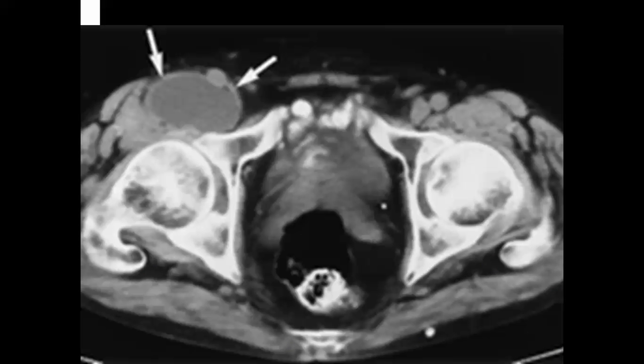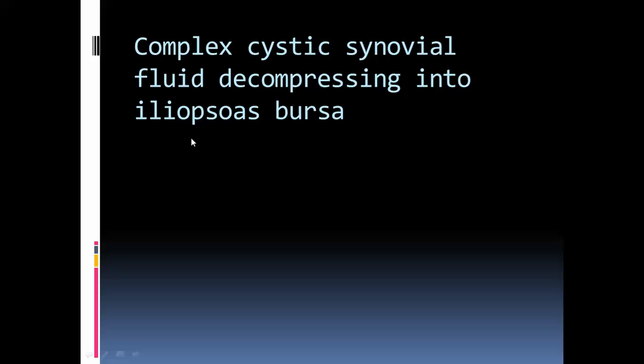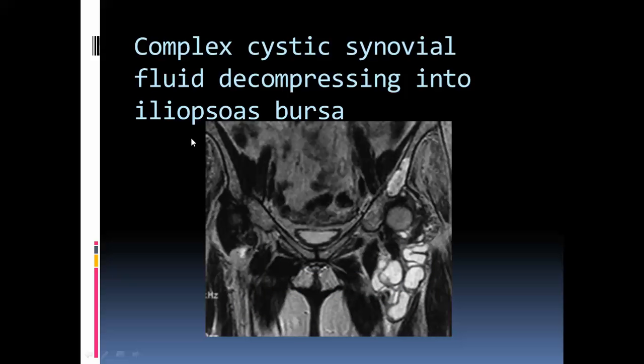Here are the subcutaneous synovial collections of rheumatoid. Complex cystic synovial fluid decompressing into the iliopsoas fossa, rheumatoid.